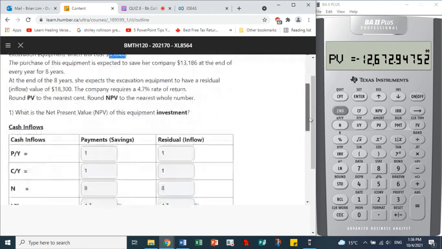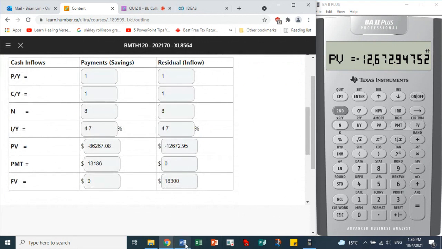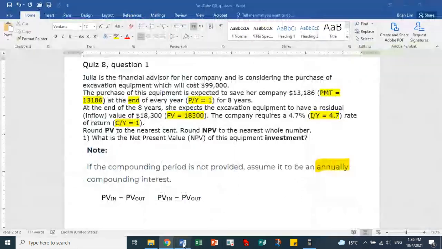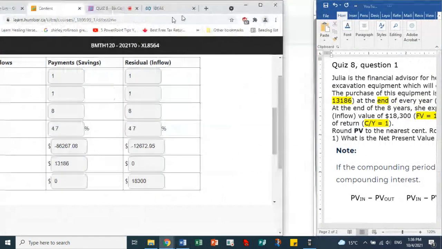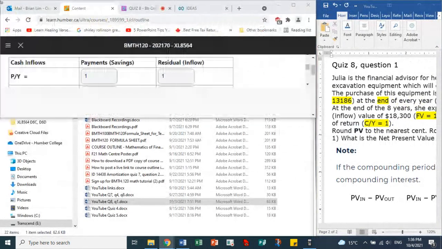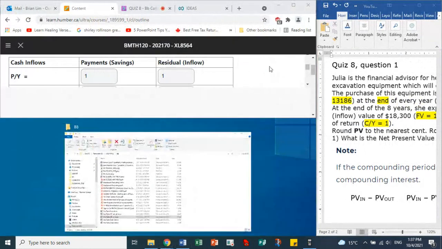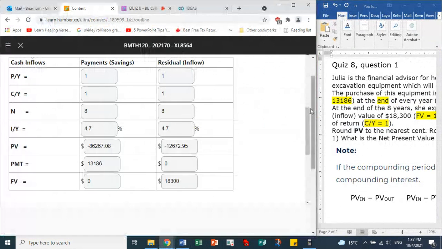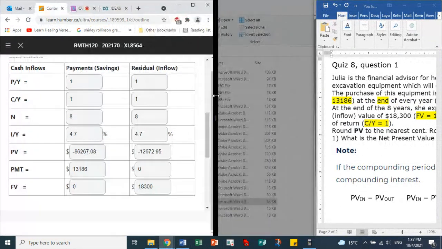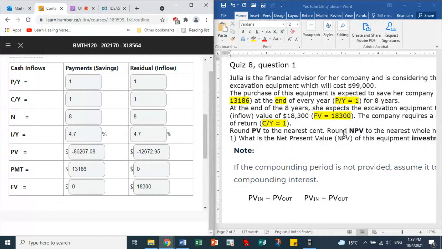Okay, so let's go to our Word document here. All right. Maybe we can have them both up and then we can see them side by side, and that might be a better situation if we can get it to behave properly. Okay, so let's see if we can pull this over as far as we can.